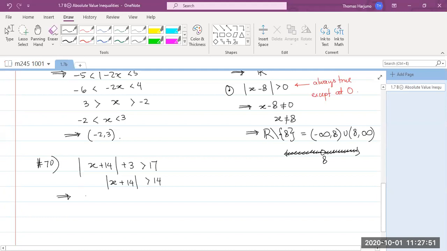That would be exterior, right? So x plus 14 less than -14, or x plus 14 greater than 14. So x is less than -28, or x is greater than 0. In interval notation, that's negative infinity to -28 union from 0 to infinity.